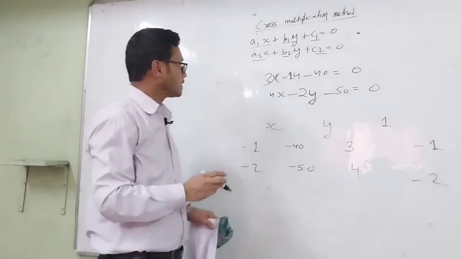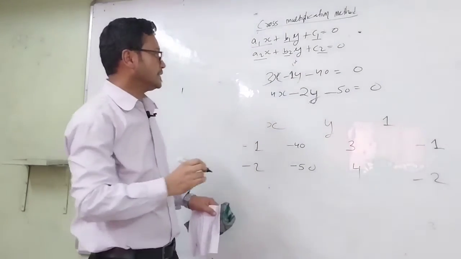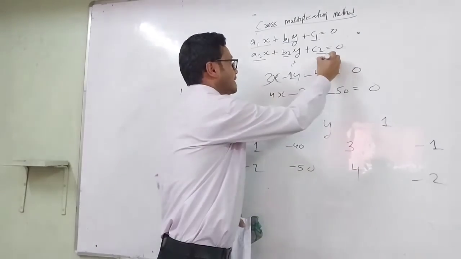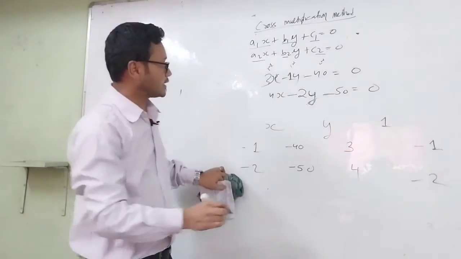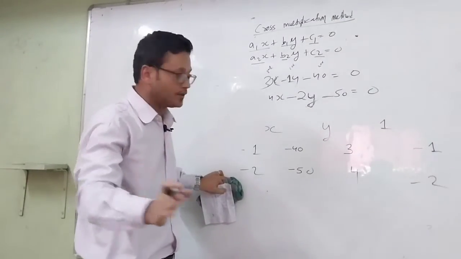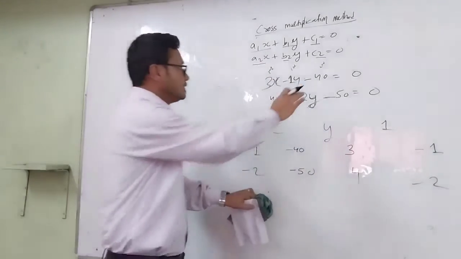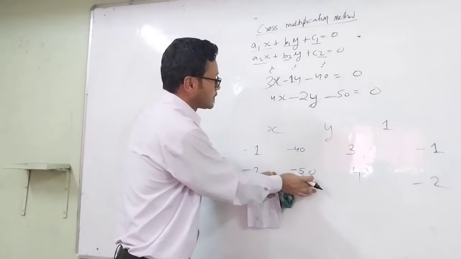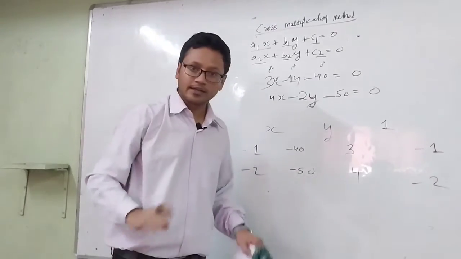Understood? All together we can say this is the first number, and this is the second, and this is the third. That means first we are writing -1, -2 here, first term. Similarly first -1, -2, then the second -40, -50 we have to write all together here, then the third one 3, 4 we have to write like this.